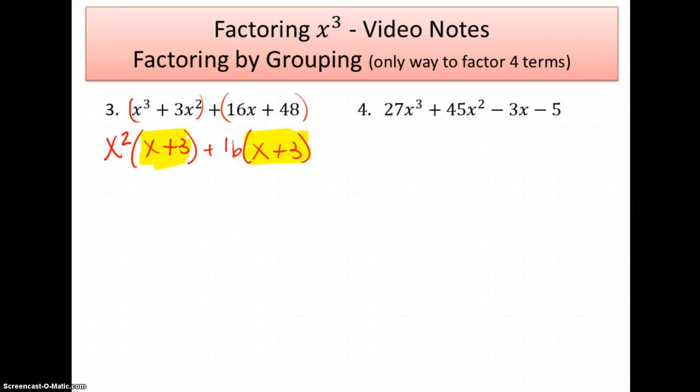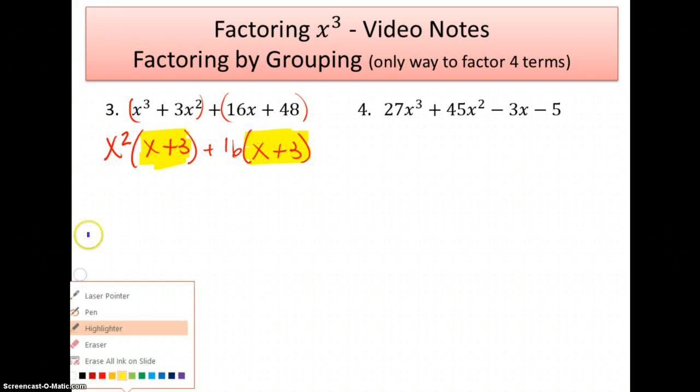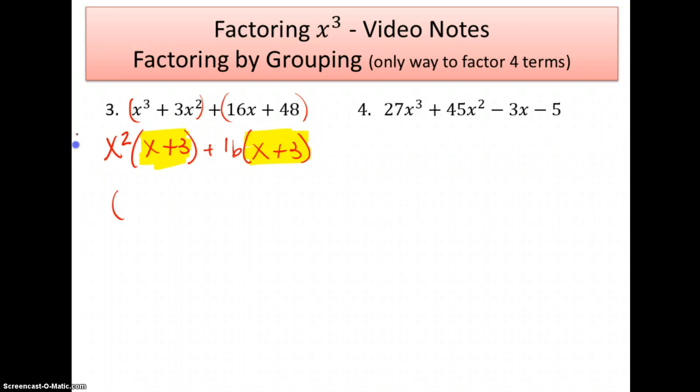If I take that common factor of x plus 3 out, I would be left with x squared plus 16. So I factored the quantity x plus 3 out of both of those terms. Now this is as factored as I can get because I cannot factor the sum of two squares.